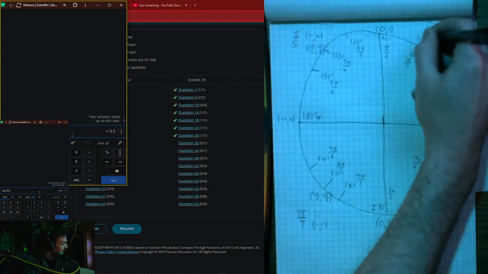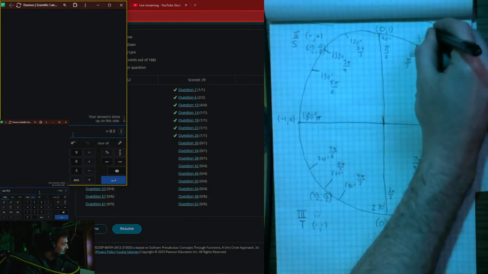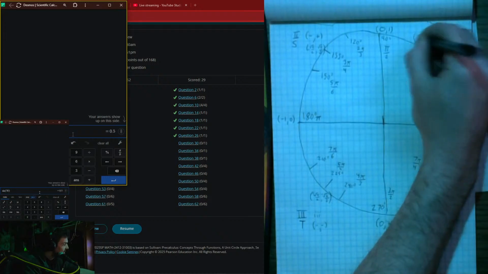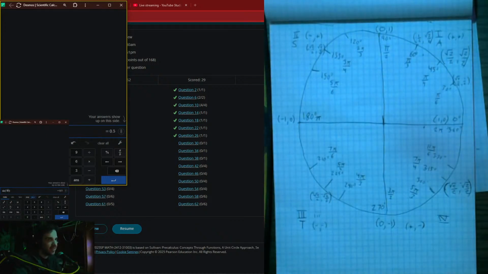That would make 1/2 the x value, and square root of 3 over 2 the y value. And I'll just double check that real quick. But I'm feeling very confident. Alright, sweet. It has been double checked.